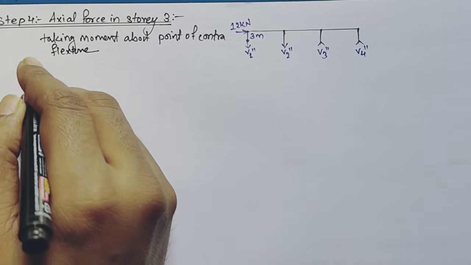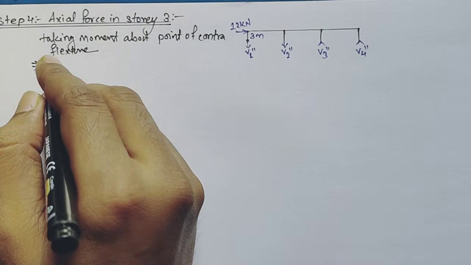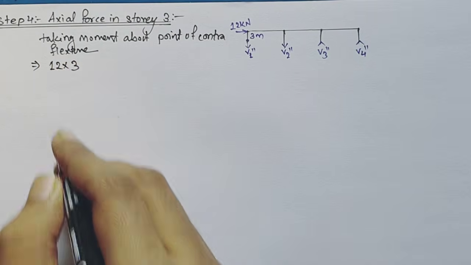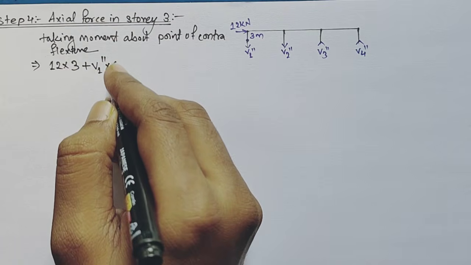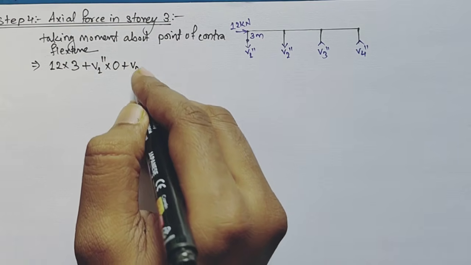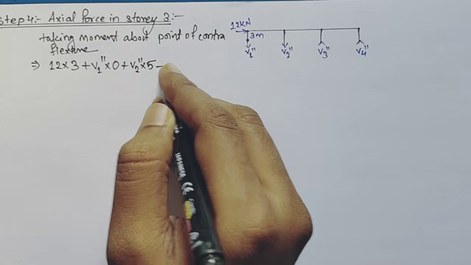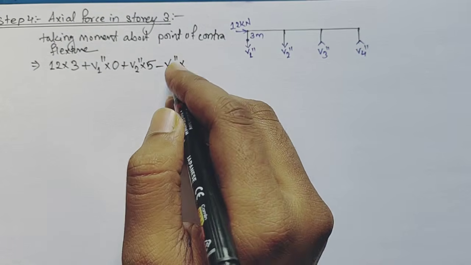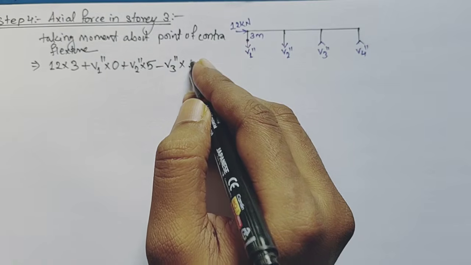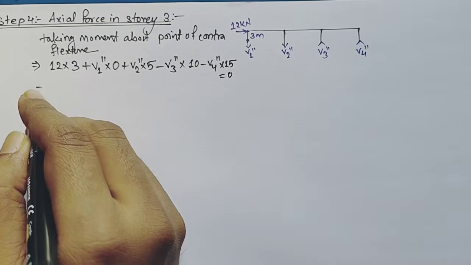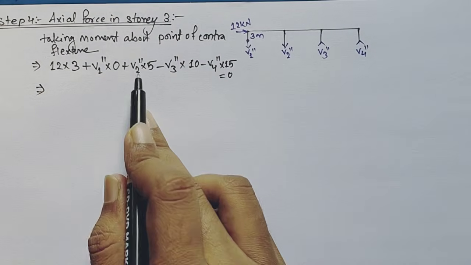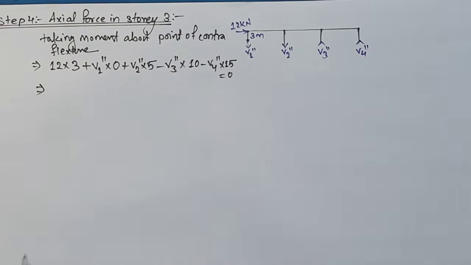So we will have here 12 kilonewton is taking clockwise moment, so 12 multiplied by 3 plus V1 double dash multiplied by 0 plus V2 double dash multiplied by 5 minus V3 double dash multiplied by 10 minus V4 double dash multiplied by 15 equals to 0. Now solve this. We need to put the value of V2, V3, V4 in terms of V1, which we have been doing in step 2 and 3 also. So I am directly writing it here.